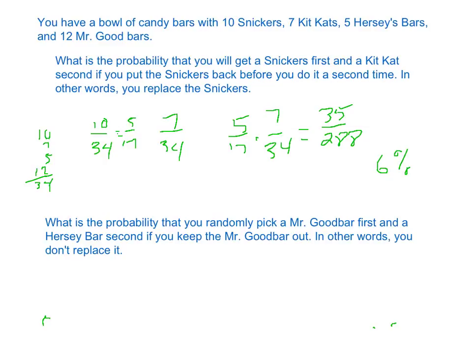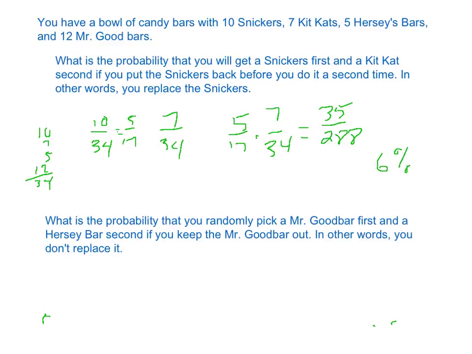All right, the next one here, what's the probability that we randomly get a Mr. Goodbar first and a Hershey bar second if we keep the Mr. Goodbar out? So we're going to pick the Mr. Goodbar, keep it out, and then try to get a Hershey bar next, so we don't replace it. If we look at the Mr. Goodbar, there are 12 of them.